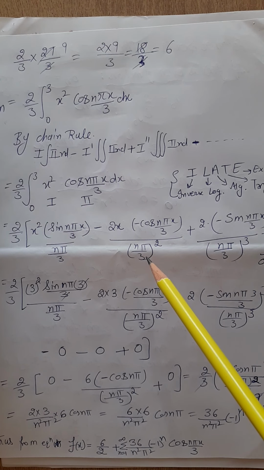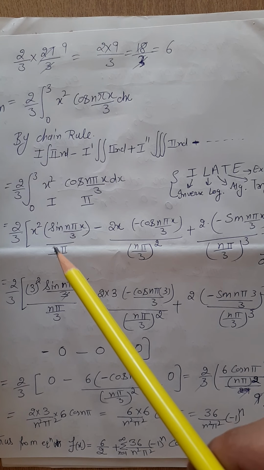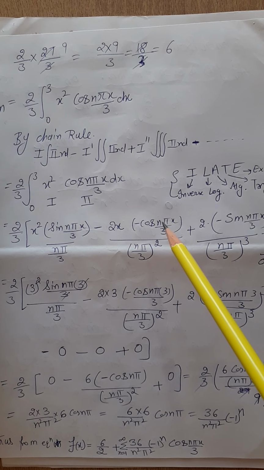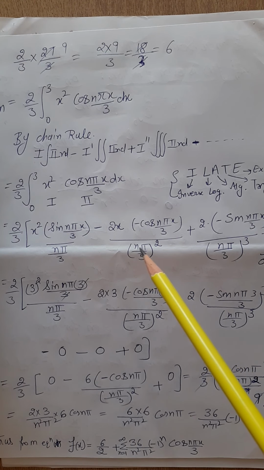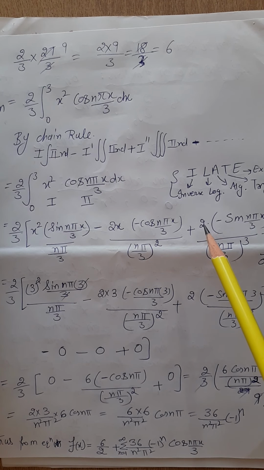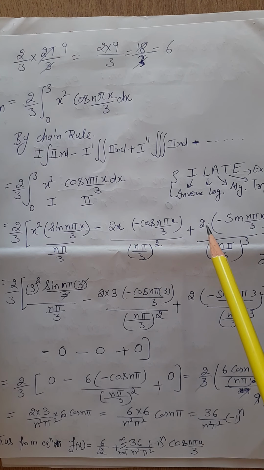You can see we already have our first coefficient n pi upon 3, and on the second integration we again write this coefficient in the denominator, so we get n pi upon 3 to the square. In the third step, we take the derivative of 2x, which is 2, and the integration of cos is sine, and we get n pi upon 3 to the cube in the denominator.